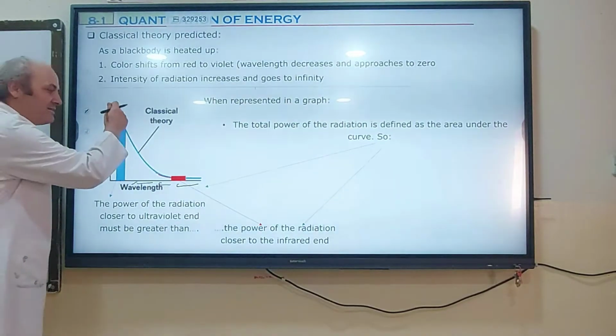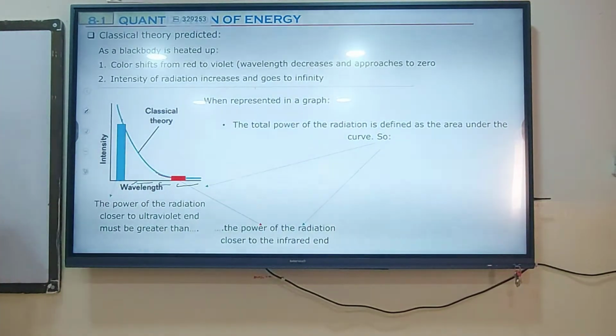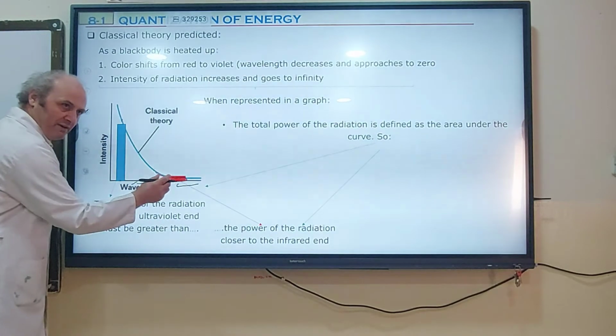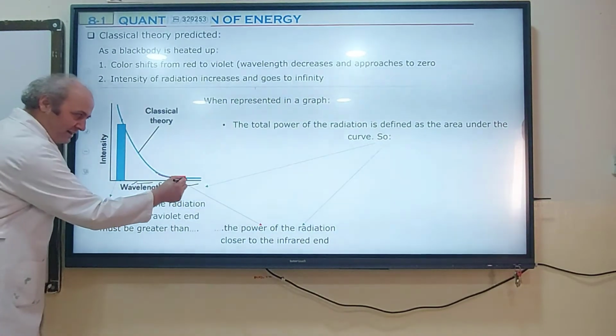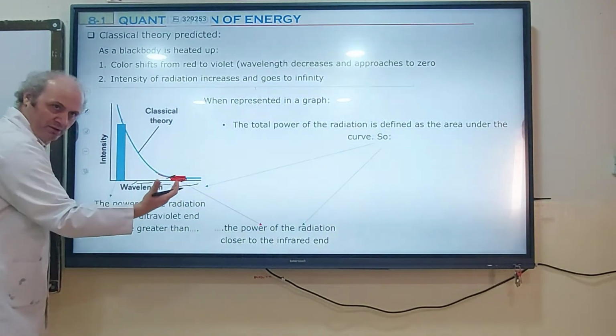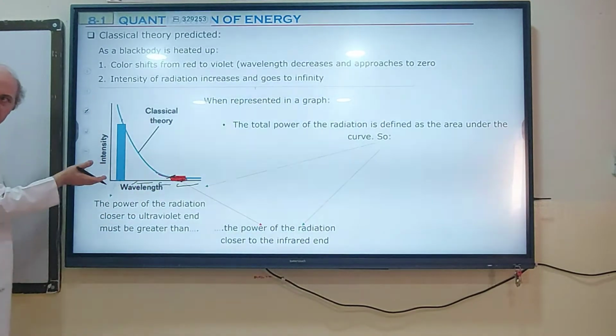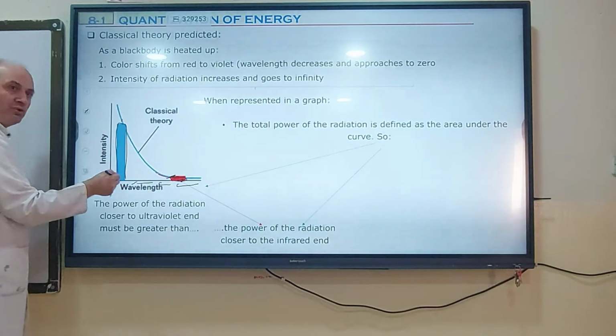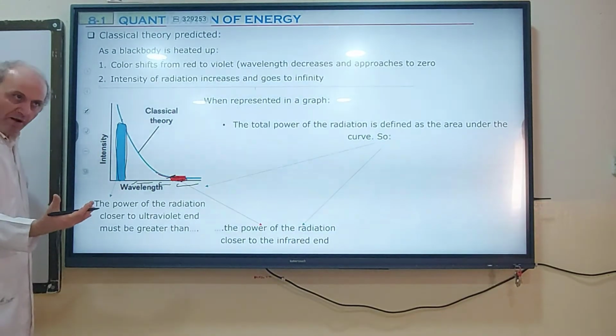And the area under this curve will give us the power given out by this Blackbody. As you see, this area is small when the wavelength is longer, yani less powerful radiation. But as wavelength gets smaller and smaller, what happens to the area? Area increases, so radiation becomes more powerful.